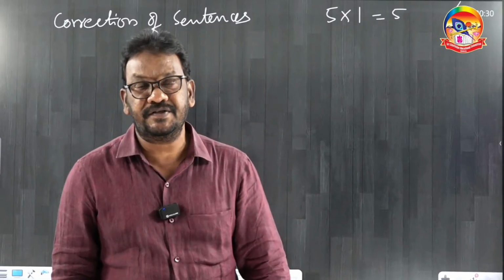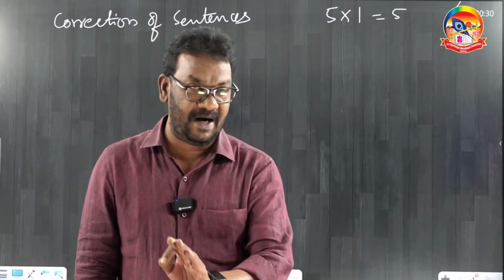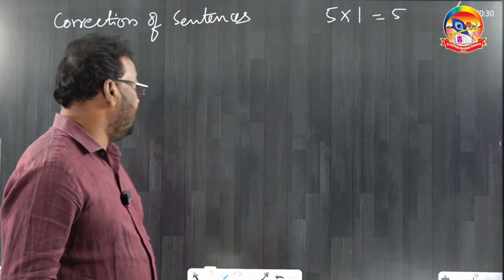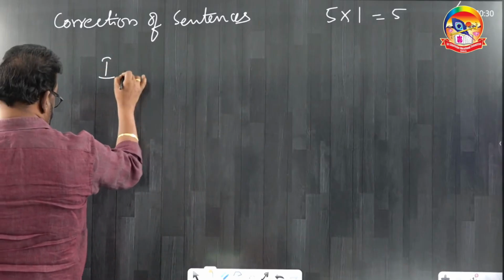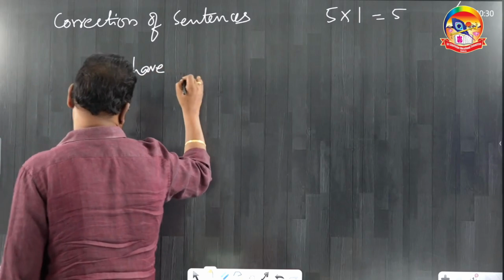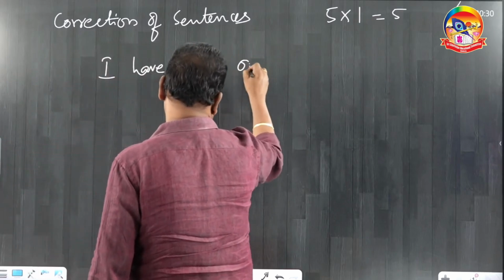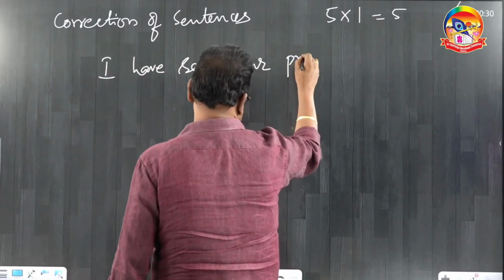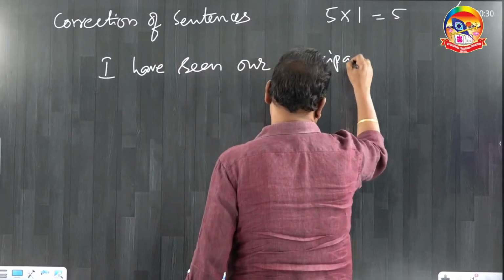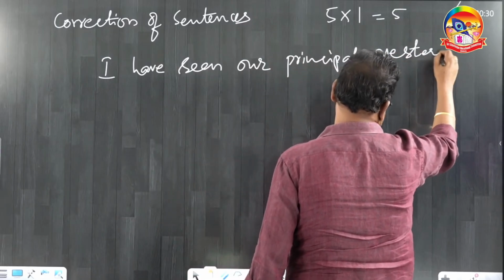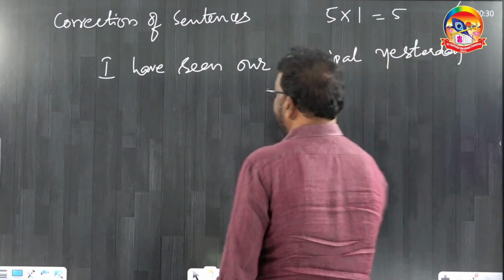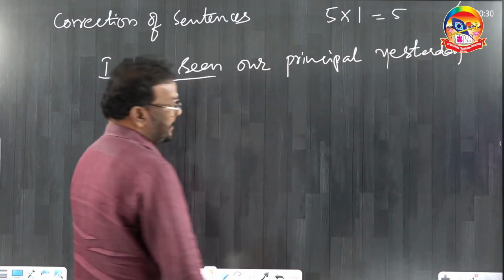Rewrite the sentences correcting the underlined part. For example, I have seen our principal yesterday. Have seen is underlined.